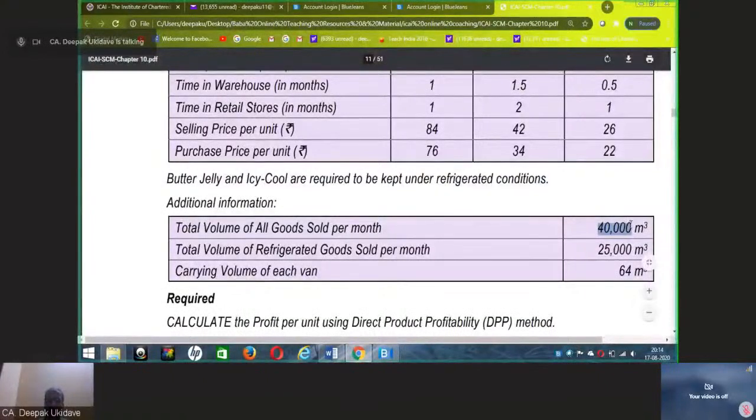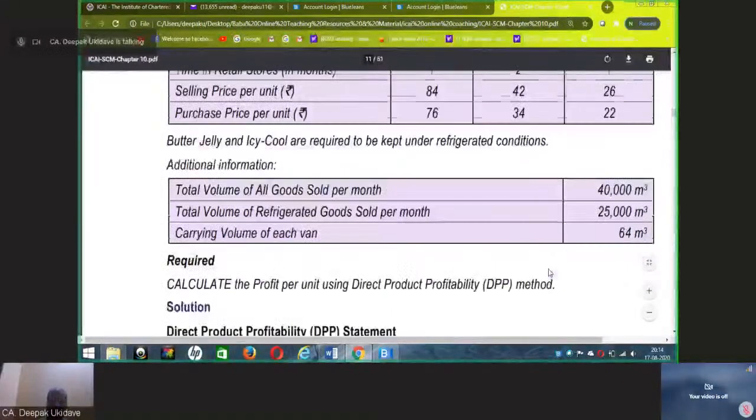Remember this. Carrying volume of each van is 64 meter cube. This may be for transportation purposes. Each van will carry a volume of 64 meter cube. Calculate the profit per unit using the DPP method, the direct product profitability method.